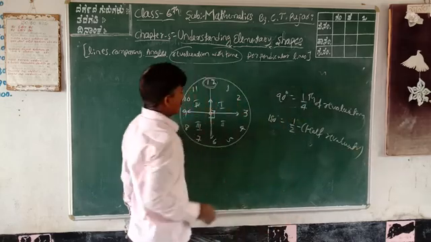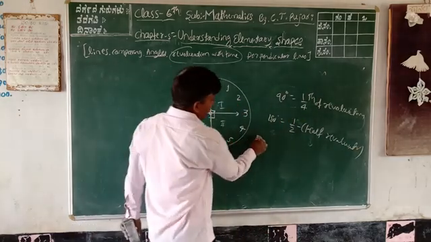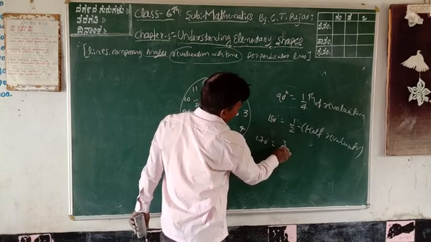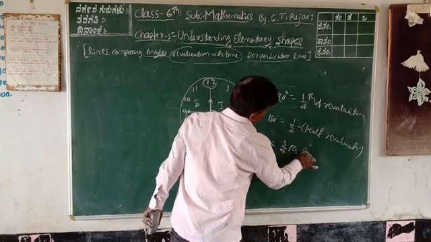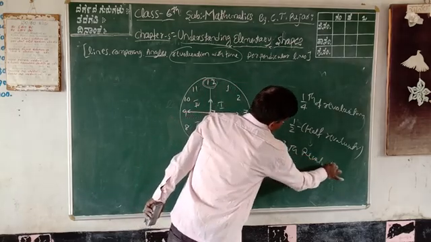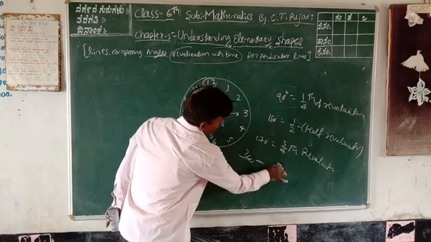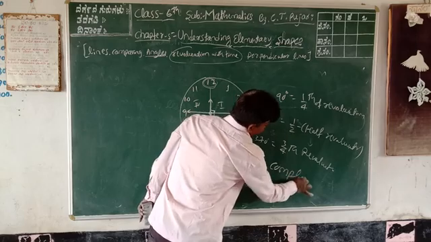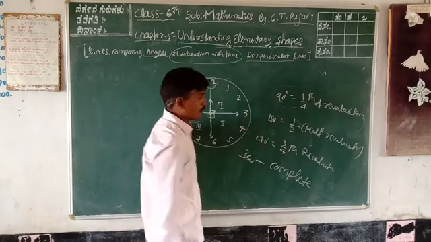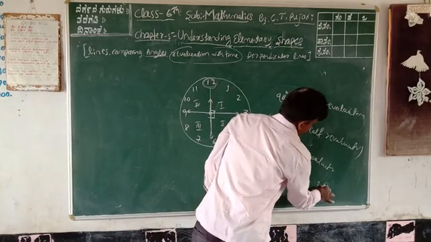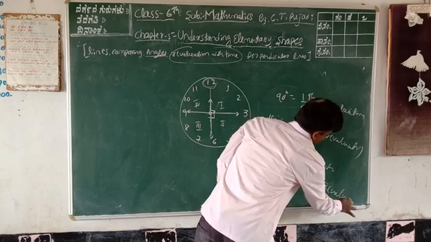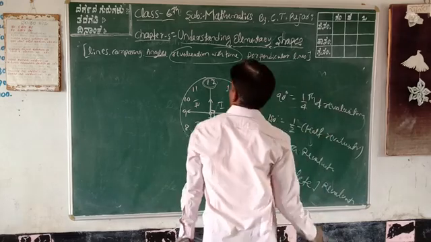Next one is what? 270 degrees means three-fourths of a revolution. Next, 360 degrees is what? A complete revolution. Complete angle, or complete one revolution.